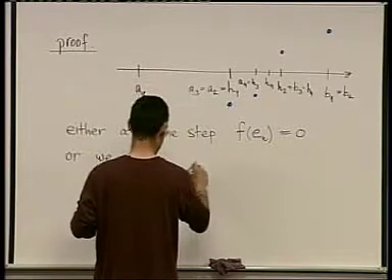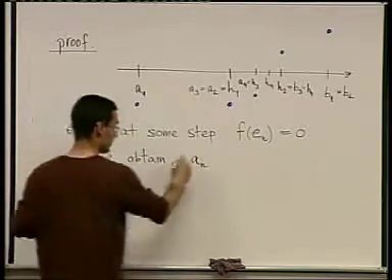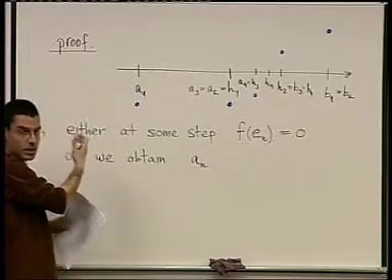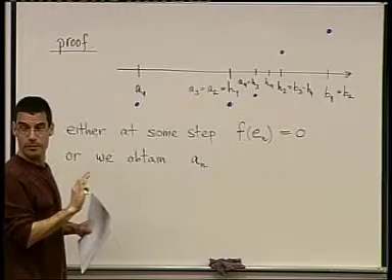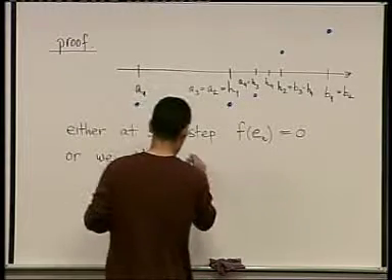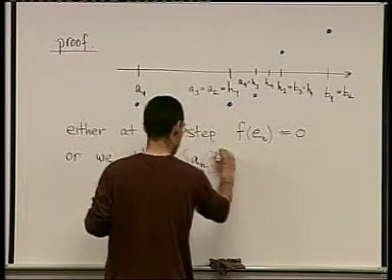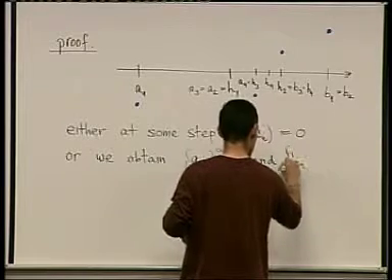two sequences. A sequence AN, which is the left side of those intervals we were looking at. AN, so this is one sequence, and BN, which is another sequence.